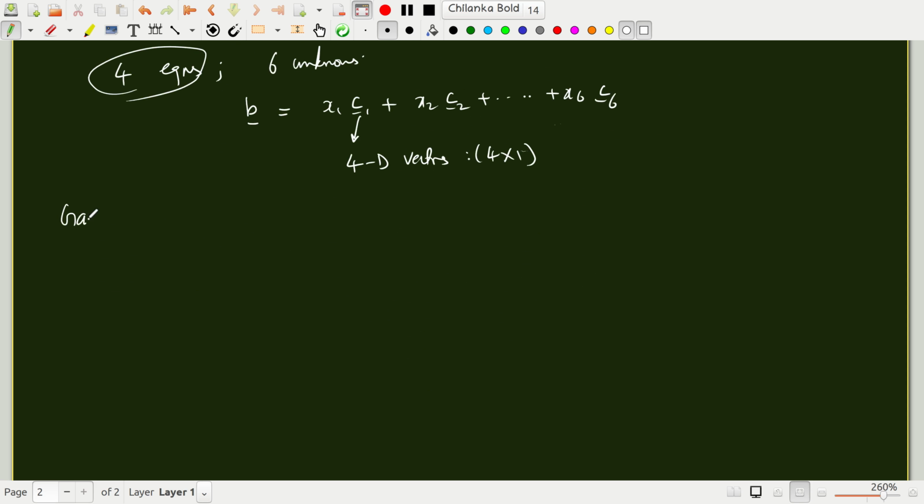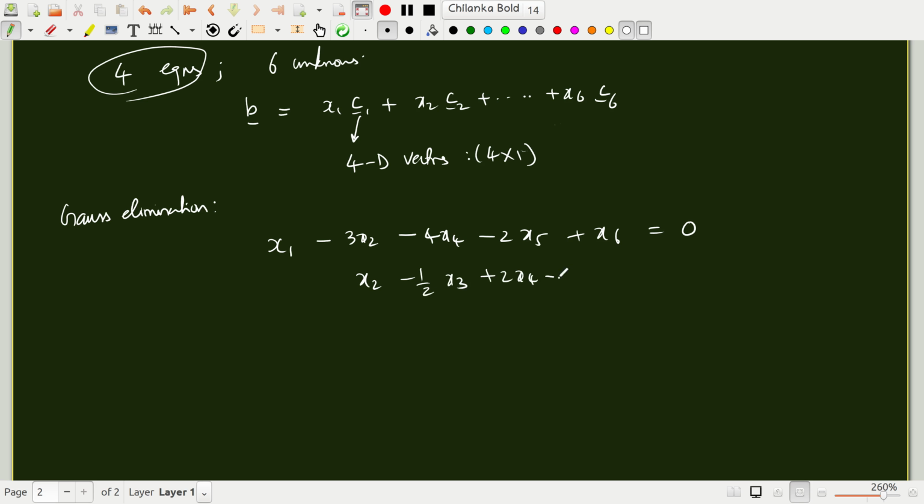Now we'll use Gauss elimination to reduce this. I won't go into the details, you should be able to do it: x1 minus 3x2 minus 4x4 minus 2x5 plus x6 is equal to 0, x2 minus half x3 plus 2x4 plus x5 plus half x6 is equal to 0, and x5 plus x6 is equal to minus 3, x6 is equal to minus 5.